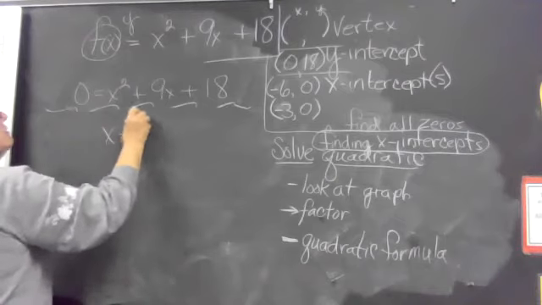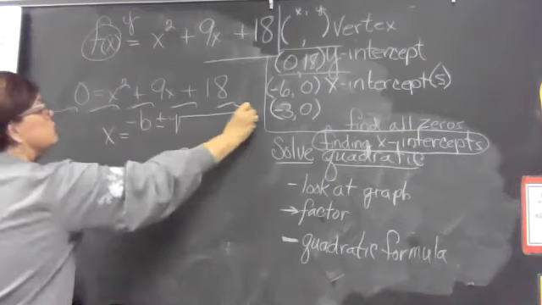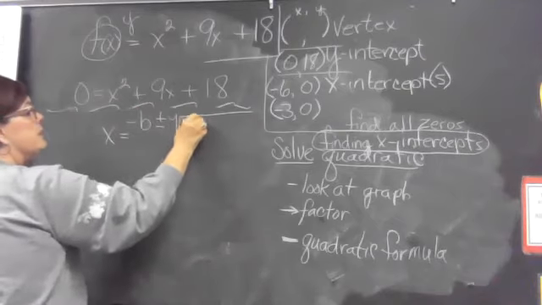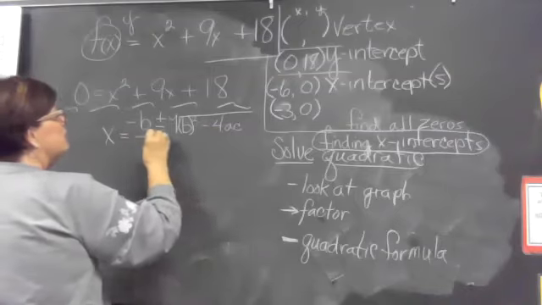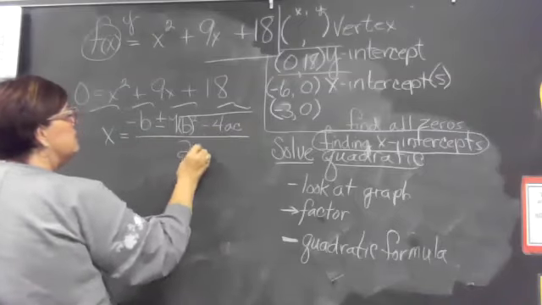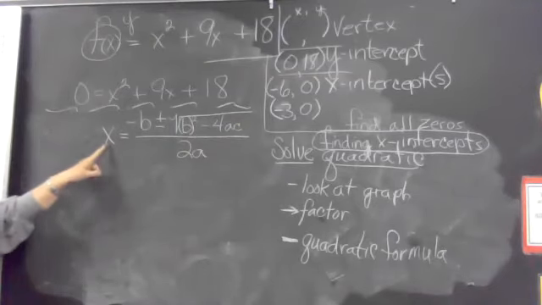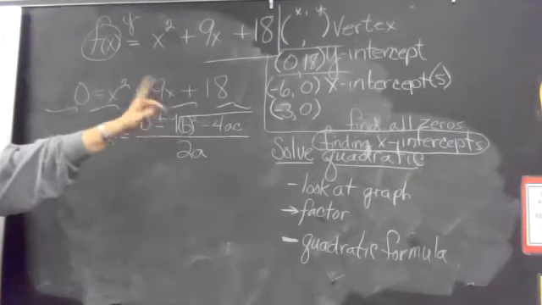X equals -b plus or minus the square root of b, put that b in parentheses, squared minus 4ac, all of it over 2a. Okay, this is the quadratic formula that we're going to use to find x, because we want x's to go in the x-intercepts, right?